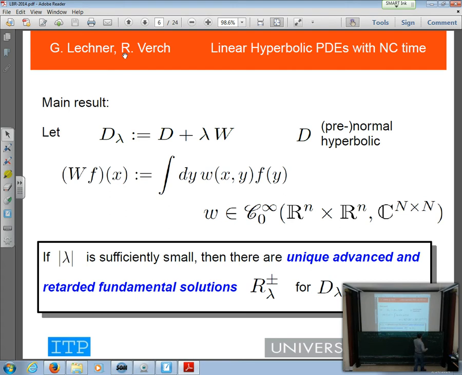Yeah? So both first order. Right. So the Dirac operator would be a good example.